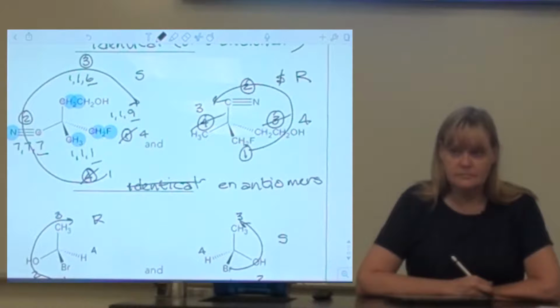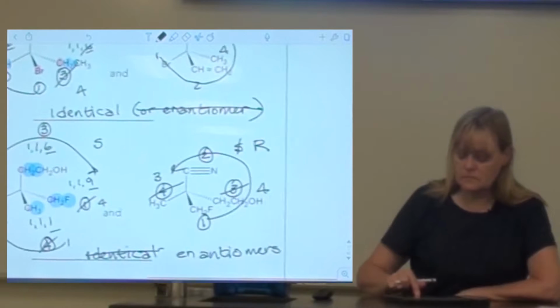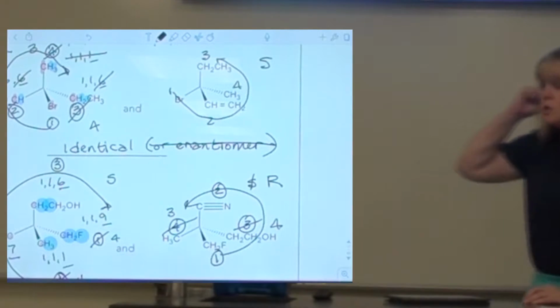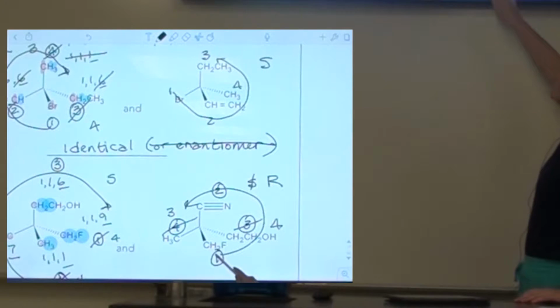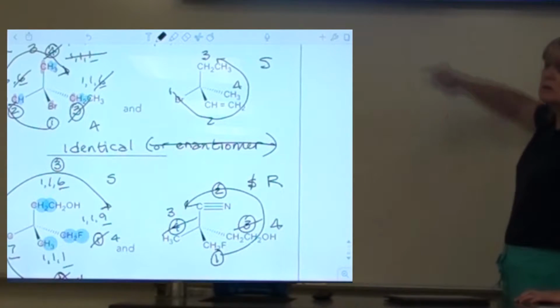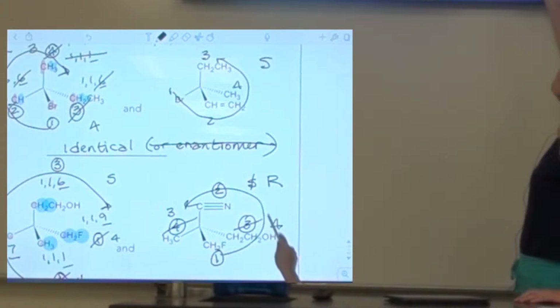Wait, I have a question. You switched the 3 with the 4. So then shouldn't it go like this? You ignore the 4 because it's in the very back, so you're just bypassing it. All you're doing is going 1, 2, 3. That's when you switched it though.